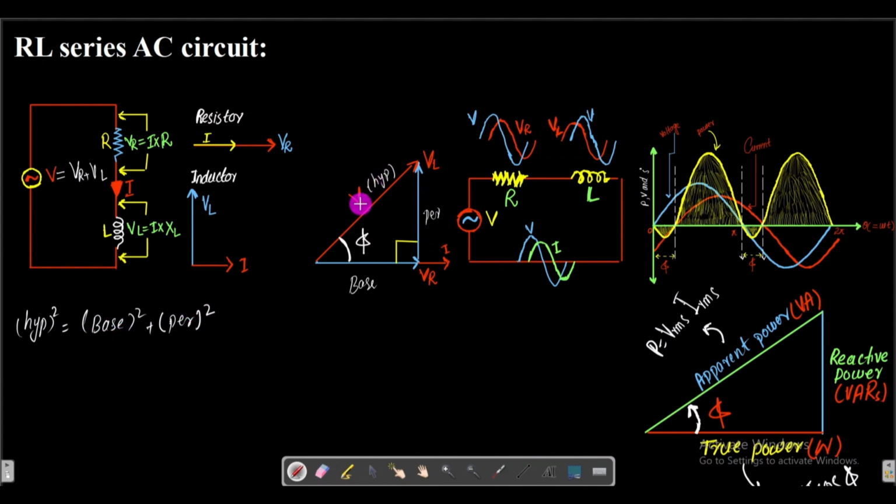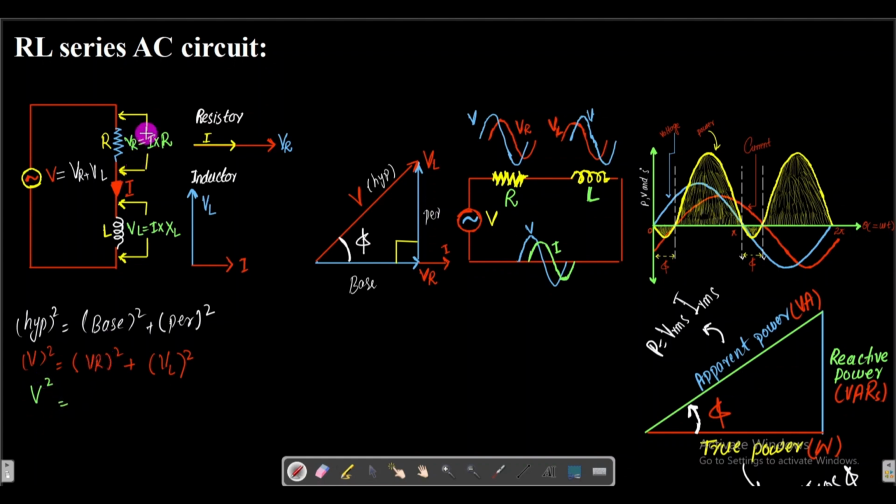Here the hypotenuse is given by V, so V squared is equal to the base, which is V of R, squared, plus the perpendicular, which is this V of L, squared. Now I am going to put the values.